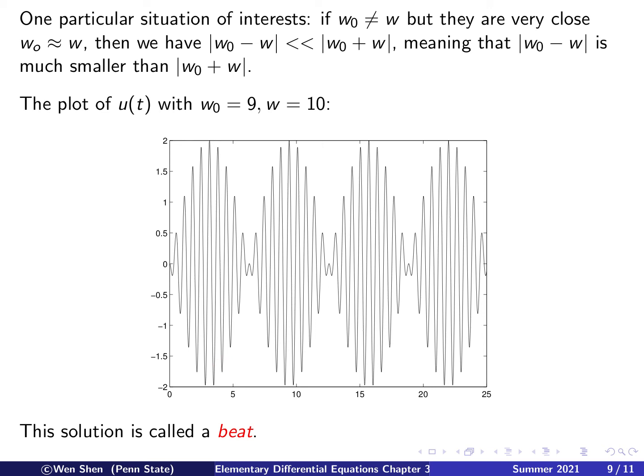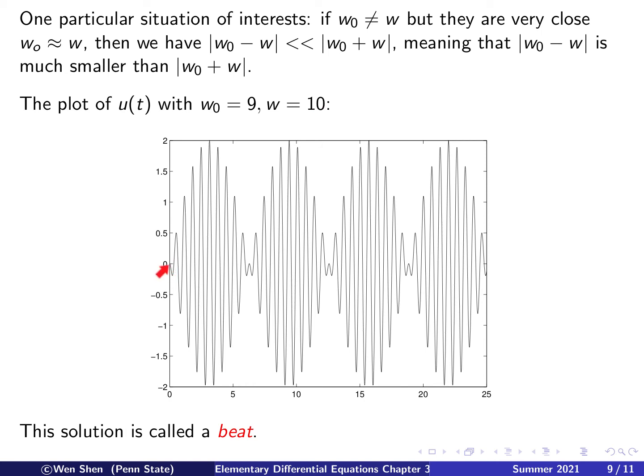You see that the oscillation is the one with 9 plus 10. That's this term here, the frequency of your oscillation. And at the same time your amplitude also changes, but with a much slower frequency, which is 10 minus 9, with 1 and actually half here.